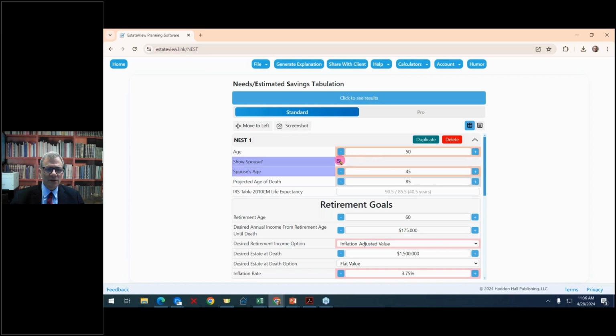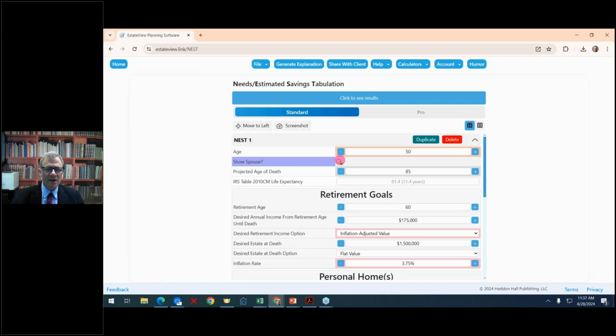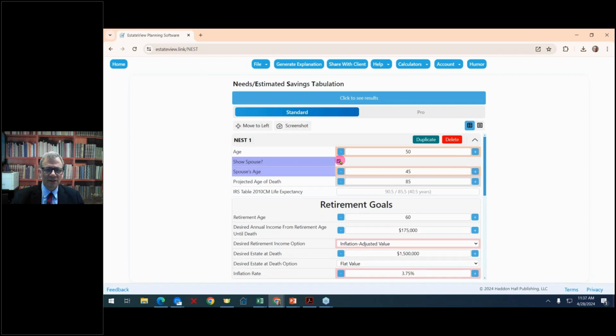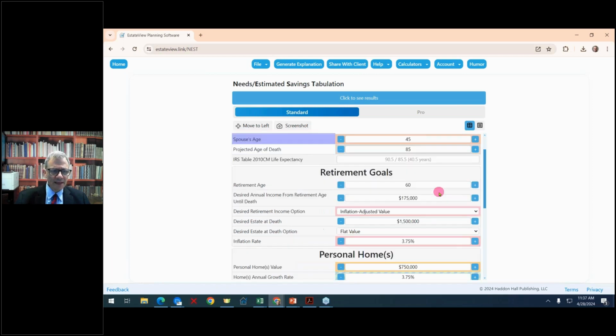If the person's single, then I don't need a spouse and I can just click off the second life. Then a projected age of death. This shows me that with these two folks, one of them should be expected to live for 40 years, so 40 years from now.